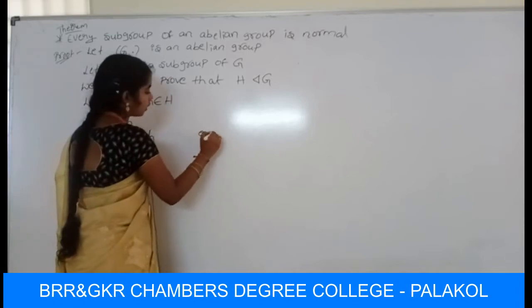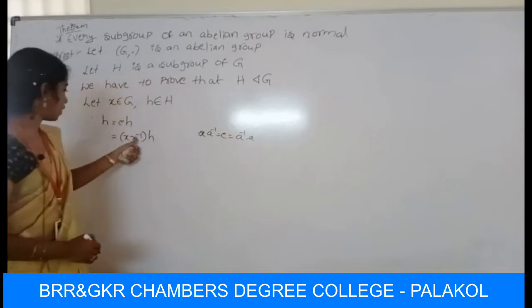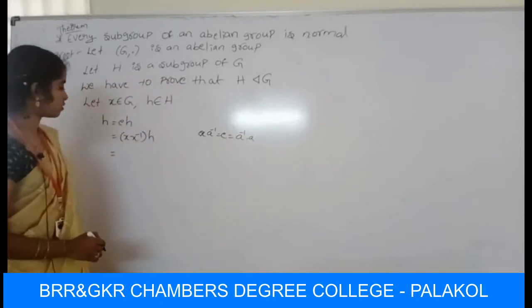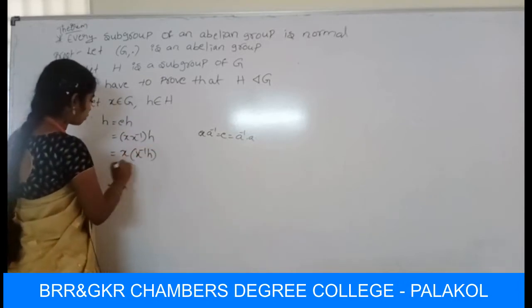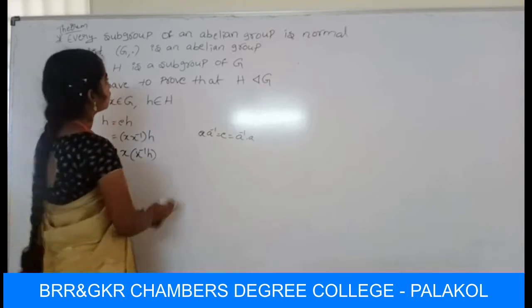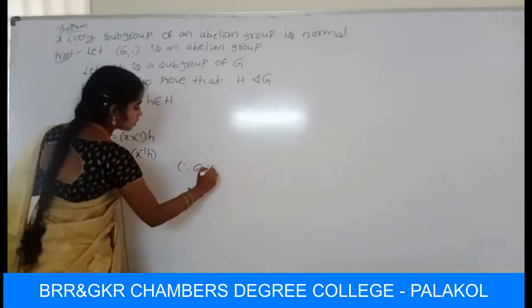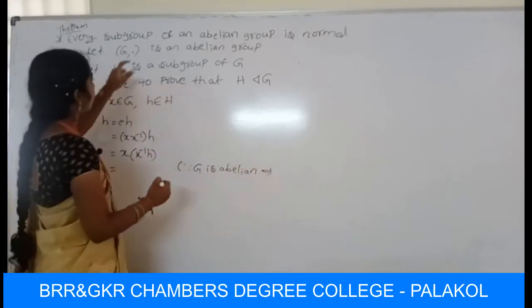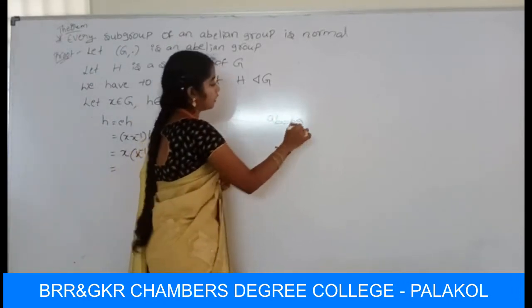So A into A inverse equals E equals A inverse into A. So X into X inverse equals E. So changing the brackets, X into X inverse into h. So already given that Z is abelian. Since Z is abelian, in general for abelian AB equals BA.